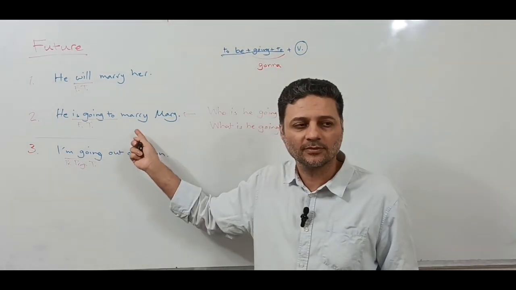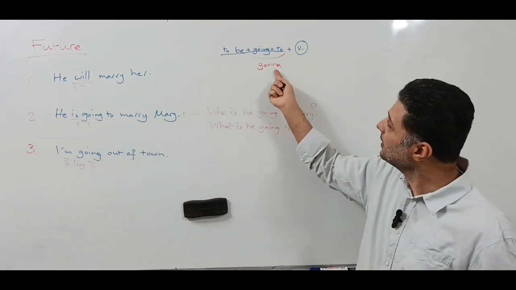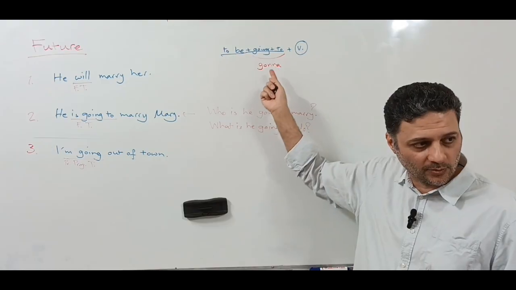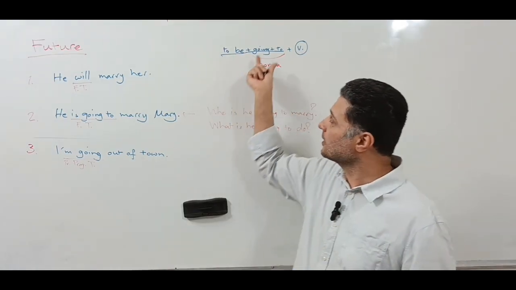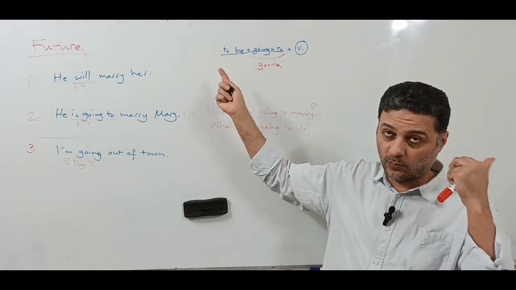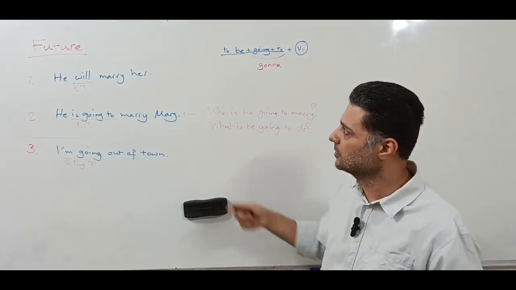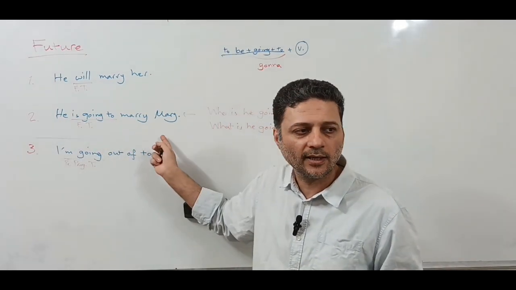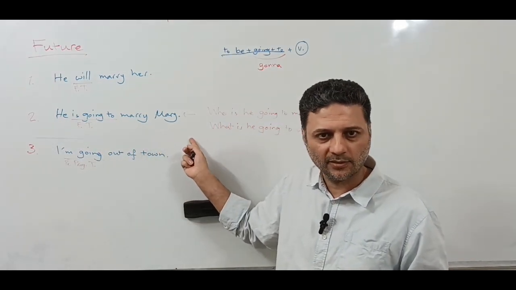There is a to, but gonna includes to also. So when you say gonna, don't say to. But use am, is, are, not was, were, actually. So he's going to, or he's gonna marry Mary.